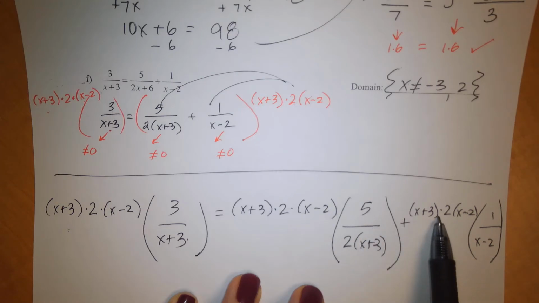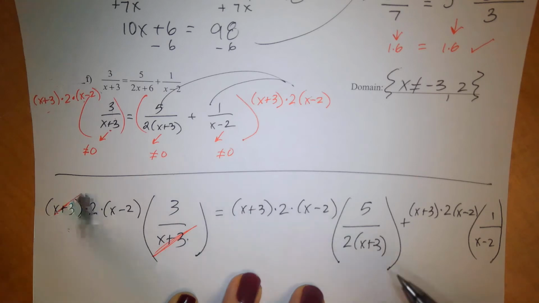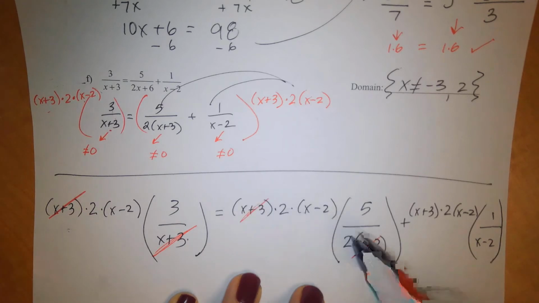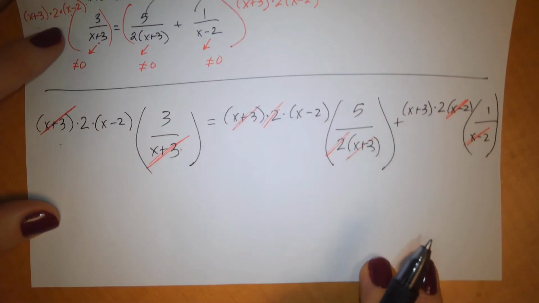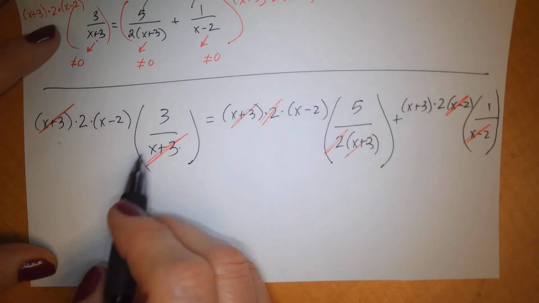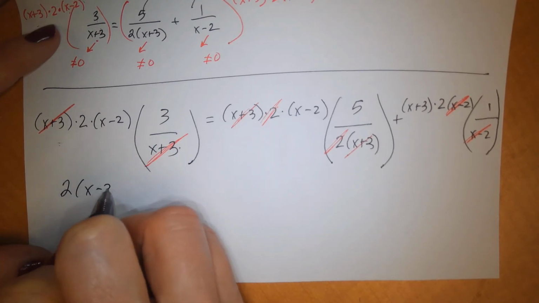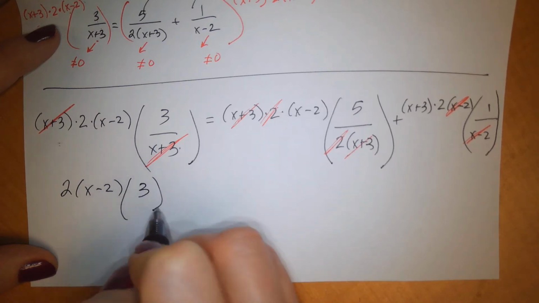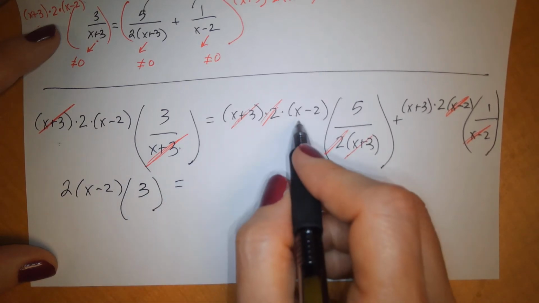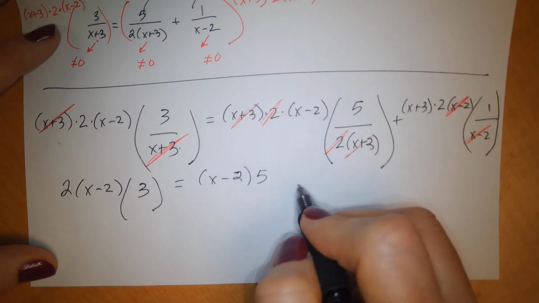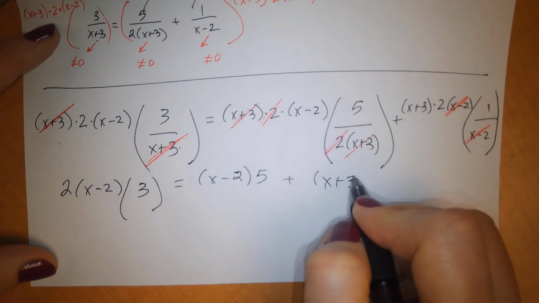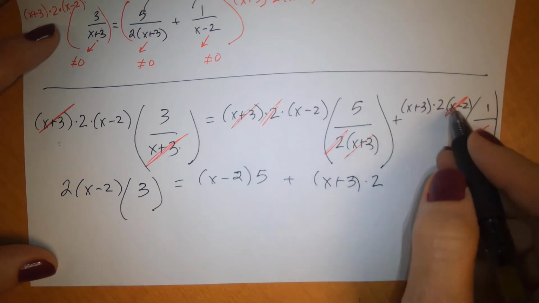You'll see the x plus 3's will cancel, also the 2 will cancel, and the x minus 2 will cancel. So everything that's left over will have no denominators. On this side I have 2(x minus 2) times 3 equals (x minus 2) times 5 plus (x plus 3) times 2 times 1.